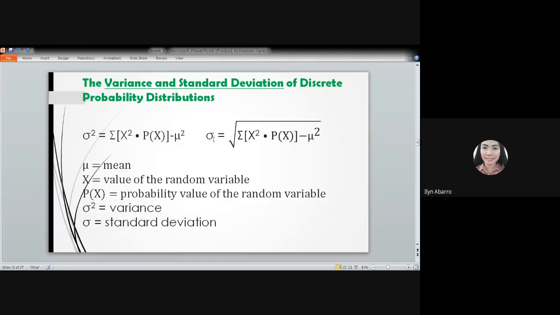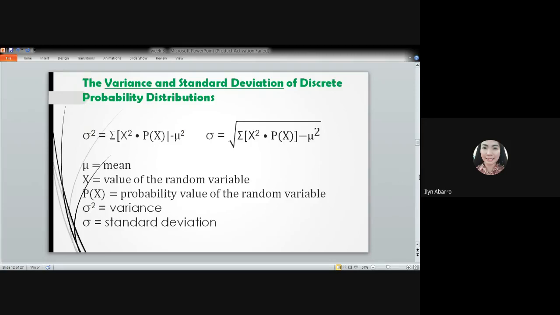The standard deviation is equal to the square root of the summation of x squared times p of x minus mean squared. Okay, so that is the standard deviation. Here again, mu is mean, capital X is the value of the random variable, P of X is the probability value of the random variable, sigma squared is the variance, and sigma is the standard deviation.